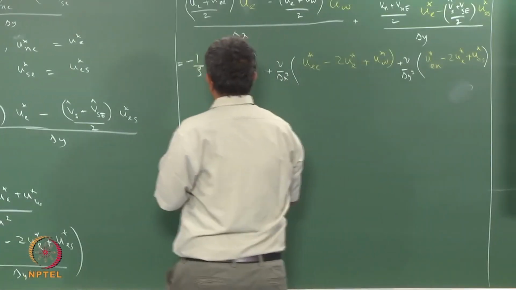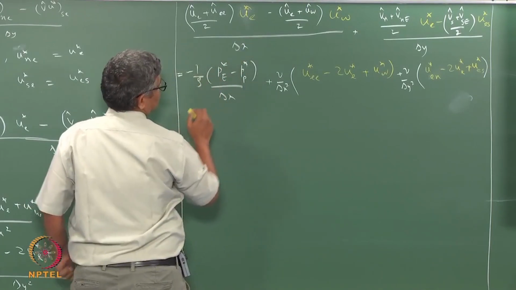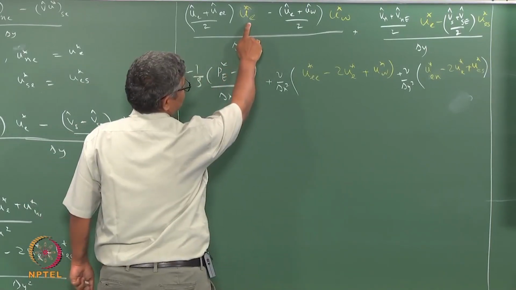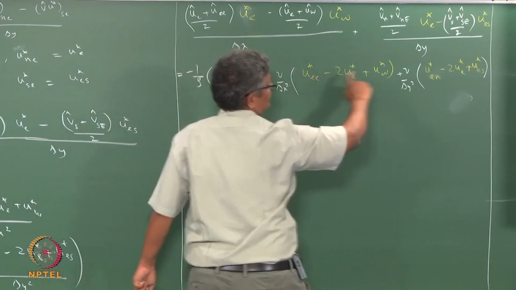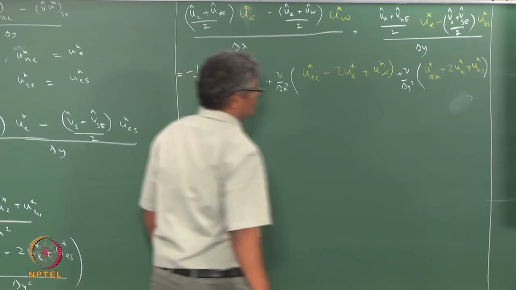We can now write this as, for example, bring this u e star here and the u e star here and here onto one side.